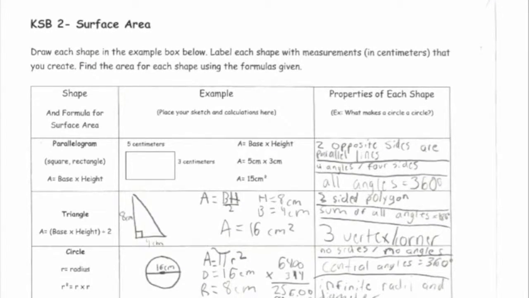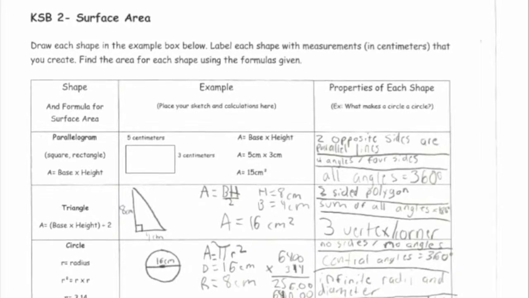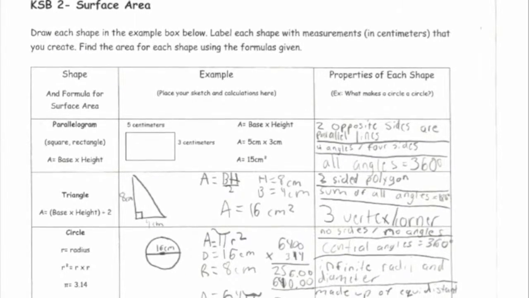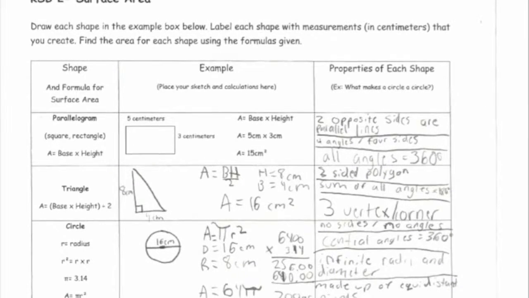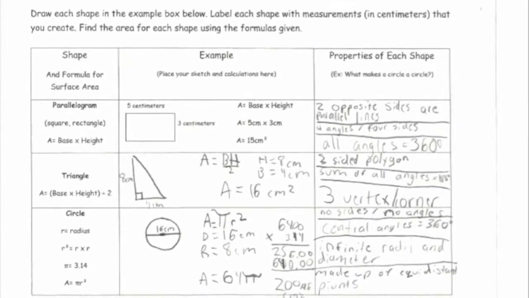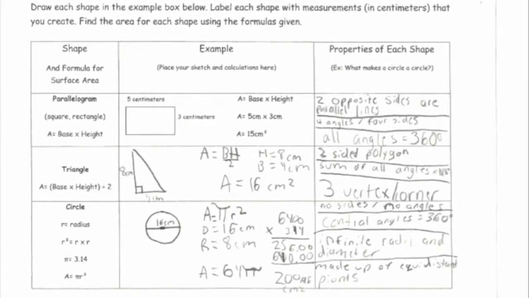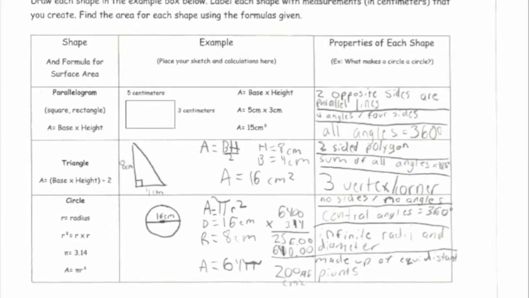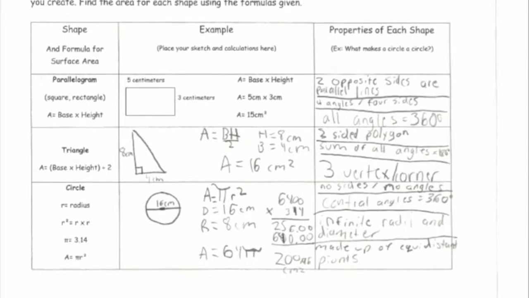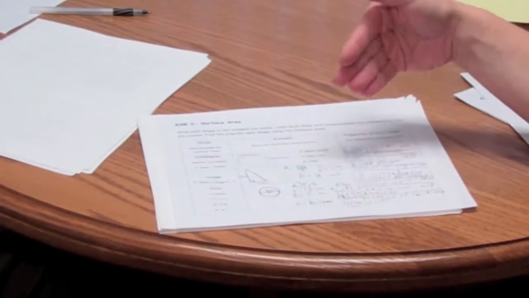What I like to do first is I have the students measure a rectangle with squares, and they get the answer, and then we try to develop the formula for area, which they do very readily, and then we look for area of a parallelogram or rectangle, and then we go into the different two-dimensional shapes, the different polygons, triangle, circle.